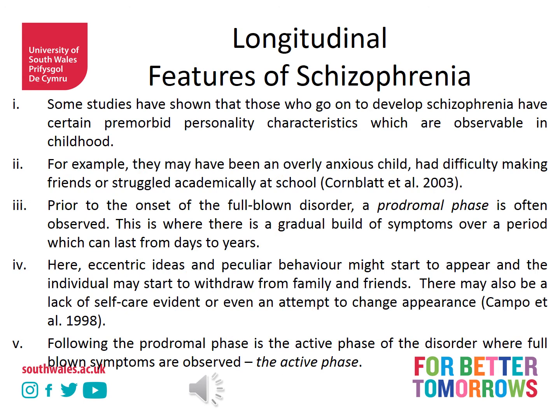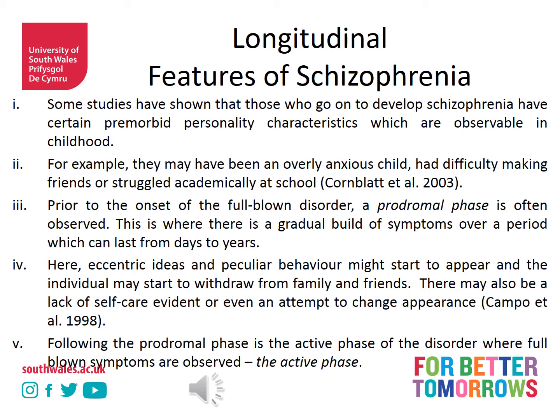Some studies have shown that those that go on to develop schizophrenia have certain premorbid personality characteristics which can be seen in childhood. For example, they may be an overly anxious child, they may have had difficulty making friends, or they may have struggled academically.